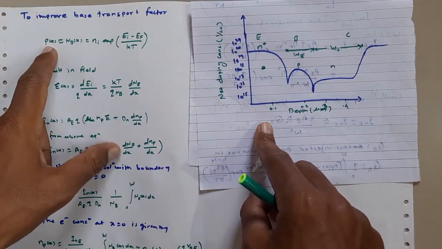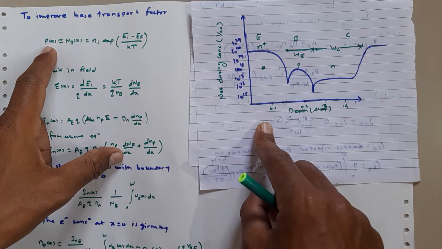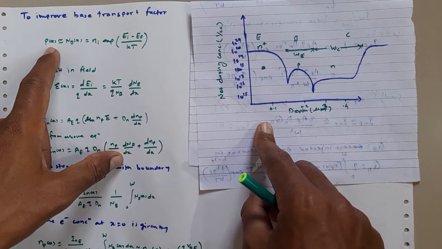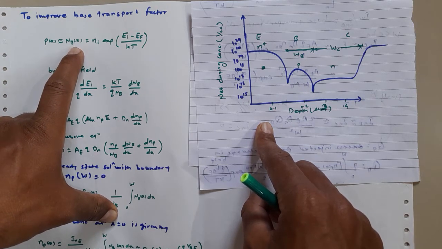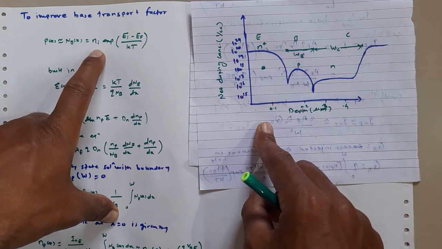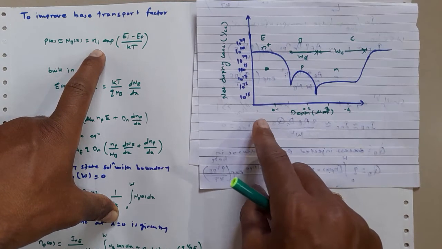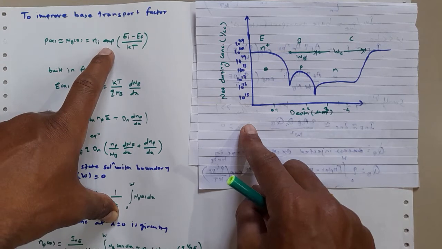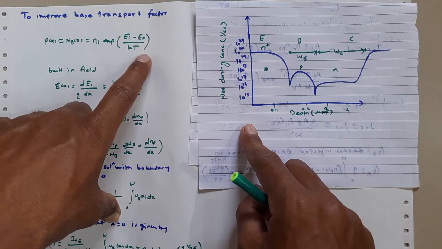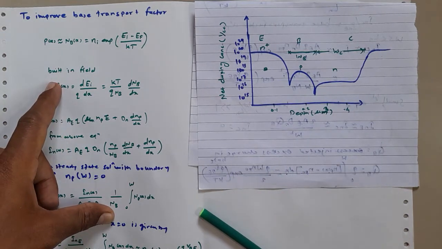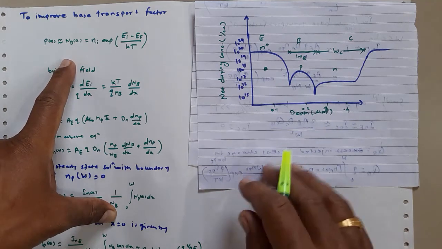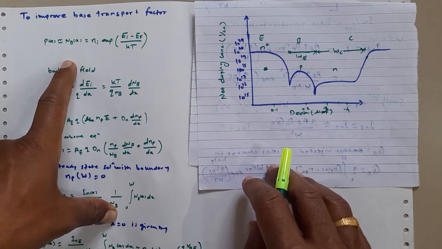It is approximately equal to the base density, nb of x, equal to ni, the intrinsic electron density, into the exponential of (Ei minus Ef), a normal equation which we have seen many times.